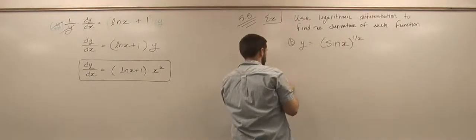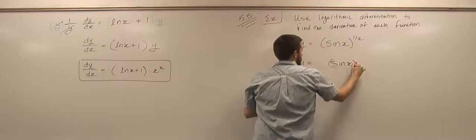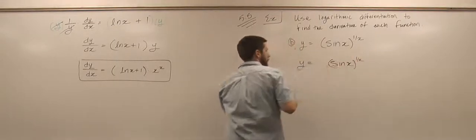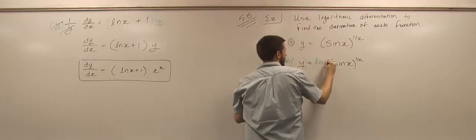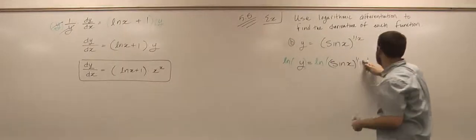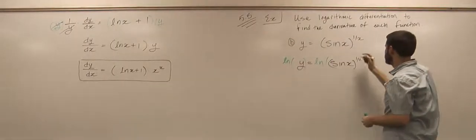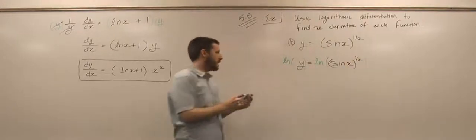So you write ln here, ln here. The whole point of the ln is to help me bring that exponent down.